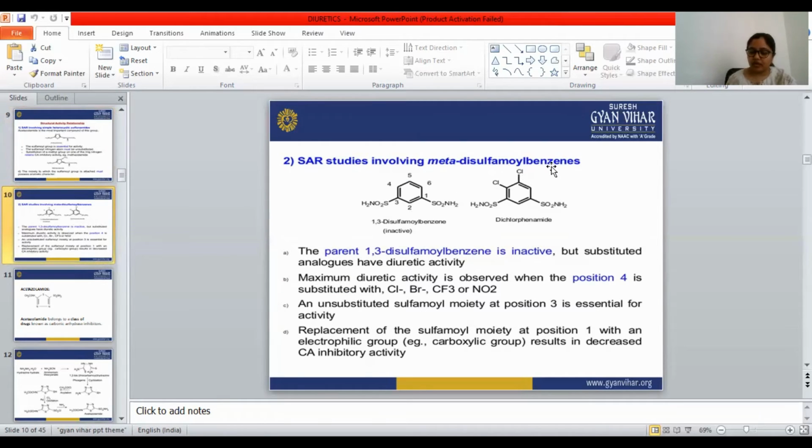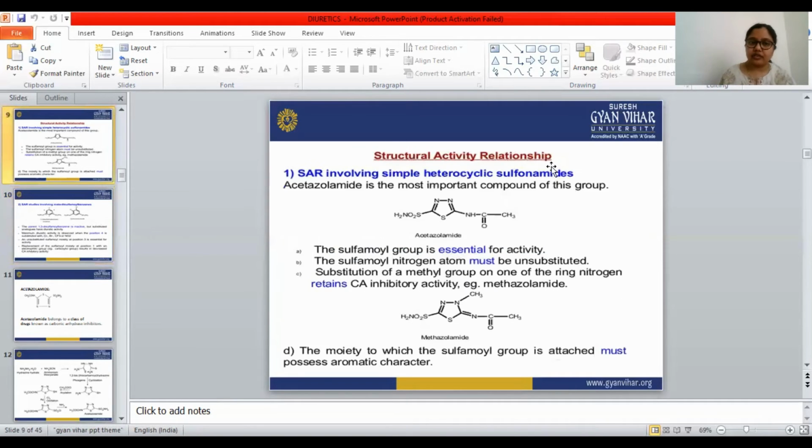The carbonic anhydrase inhibitor drugs are divided into two groups, that is the heterocyclic sulfonyl group and the meta-disulfonyl benzene group. In the heterocyclic sulfonamide group, the sulfonyl group is necessary, and the nitrogen atom must be unsubstituted.